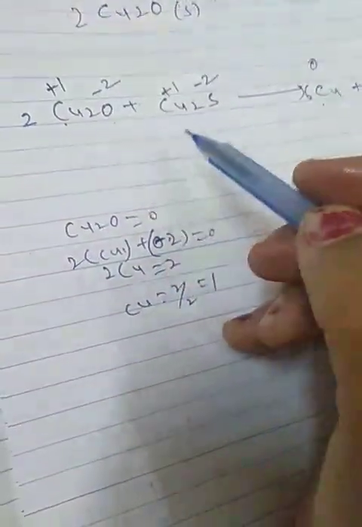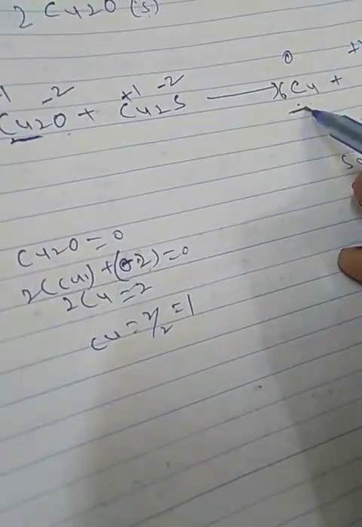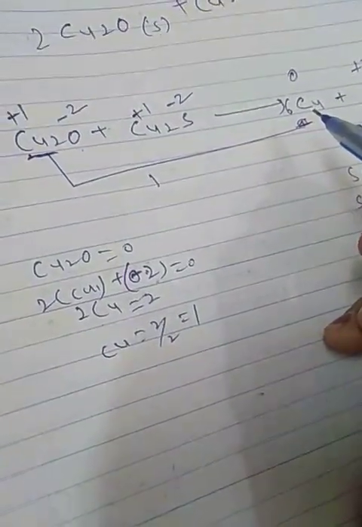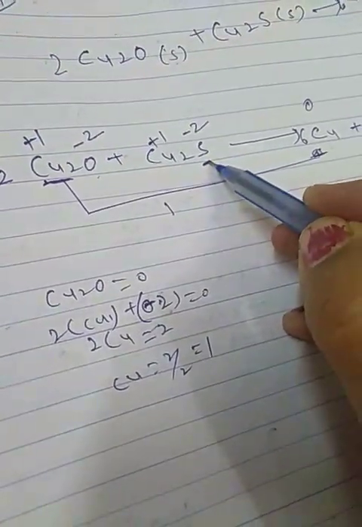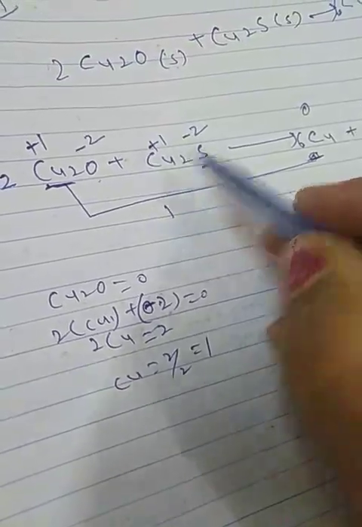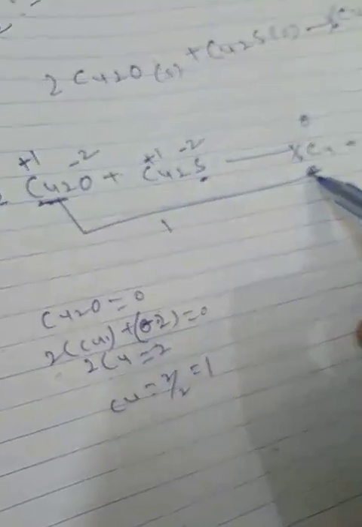Now I have written all the oxidation numbers. We therefore conclude that in this reaction copper is reduced from plus 1 to 0 oxidation state, a decrease, so it is reduced. Here also plus 1 to 0, same.